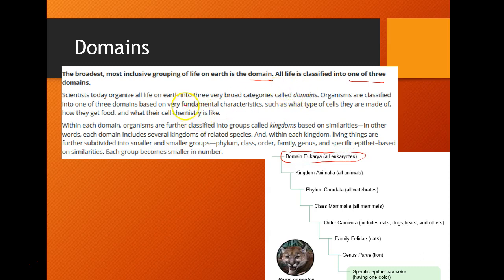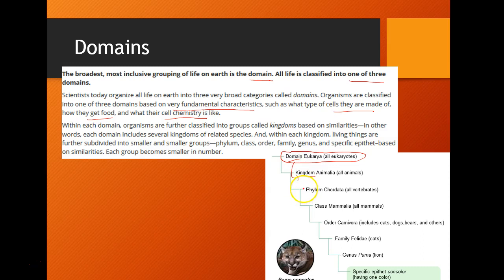At the most broad level, we look at the most fundamental characteristics, such as what the cells are made of, how they get food, and what their cell chemistry is like. These are shared characteristics among all organisms in the same domain. From the domain, we can then look into the kingdom, which is a little bit more specific.